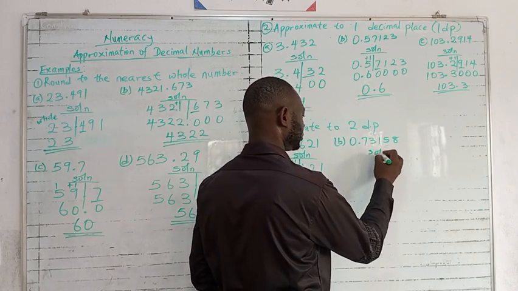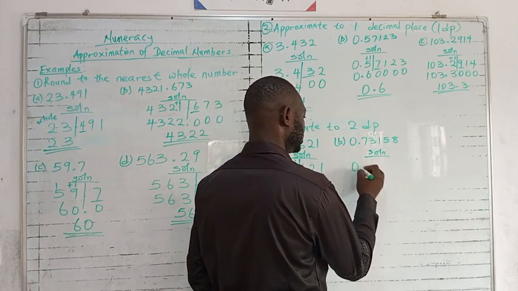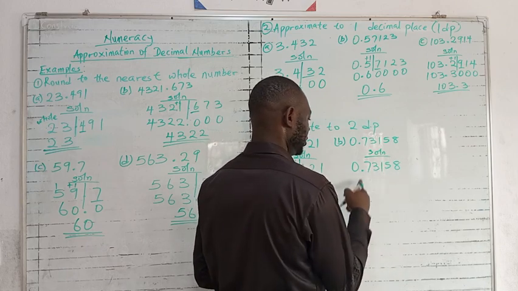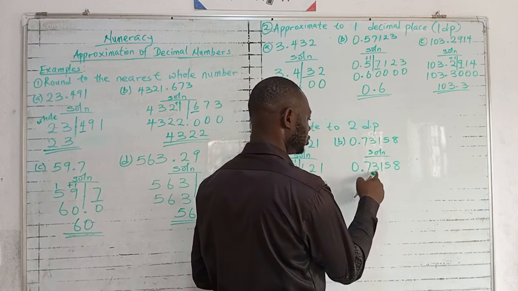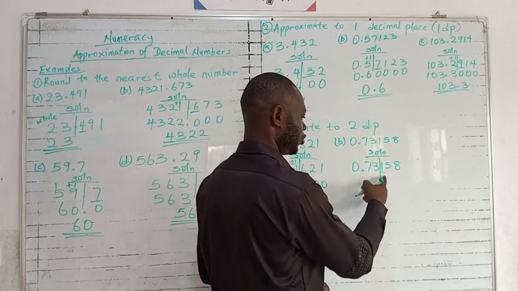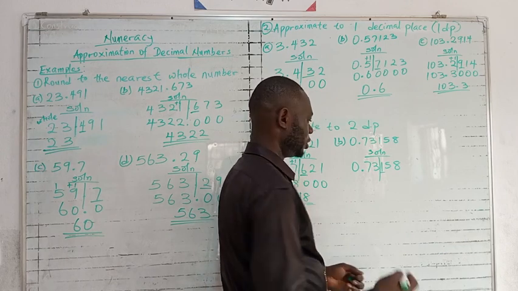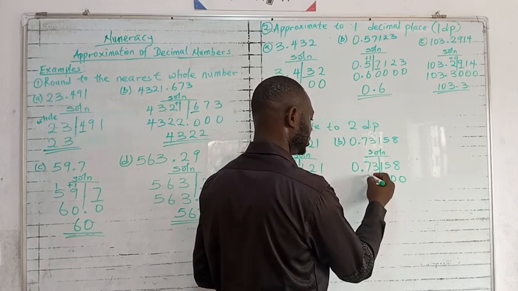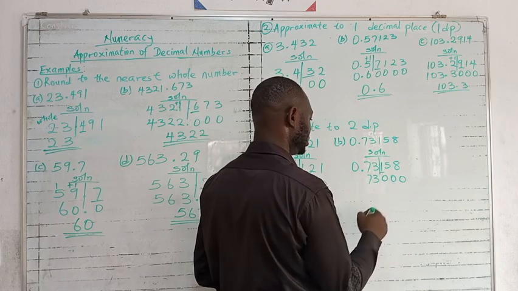So solution. 0.73158. From the decimal point we count 1, 2. We have our slash, we consider the digit here. 1 is in what group? Group A. Here becomes 0, here becomes 0, here becomes 0. 3, 7 remains the same.